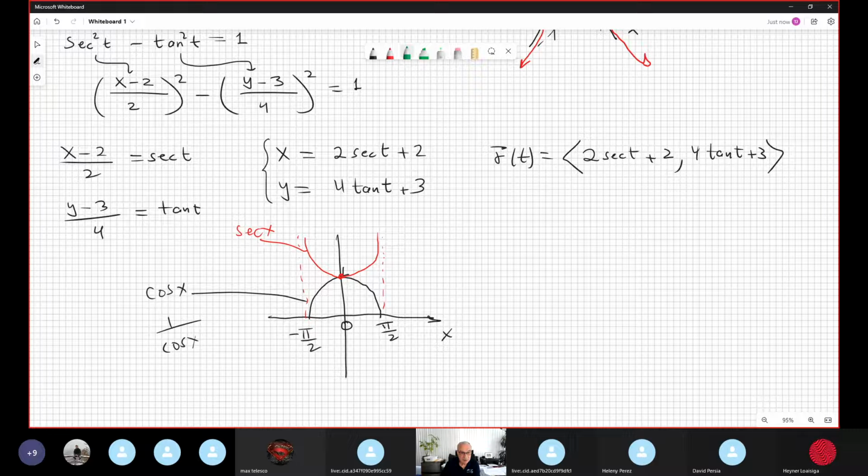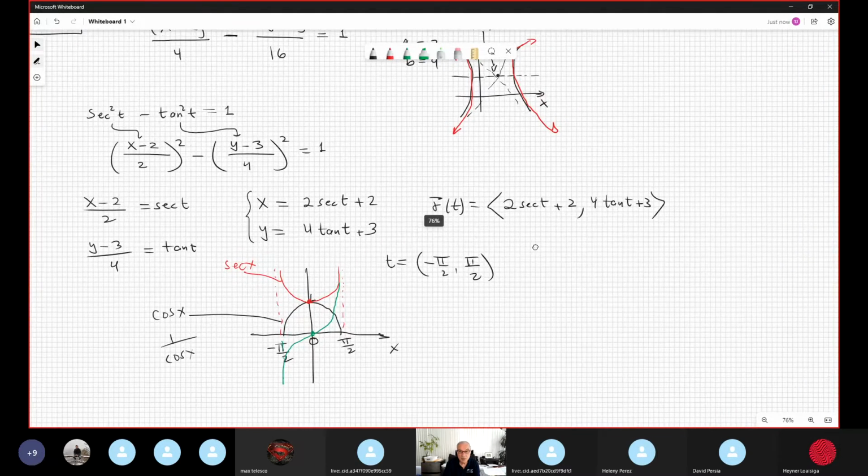Tangent 0 is 0, tangent pi over 2 is undefined, and tangent minus pi over 2 is undefined. Tangent is like the green part. So one good selection of the parameter is t in between, well, actually not including, because it's undefined. So it's parenthesis, minus pi over 2 to pi over 2.